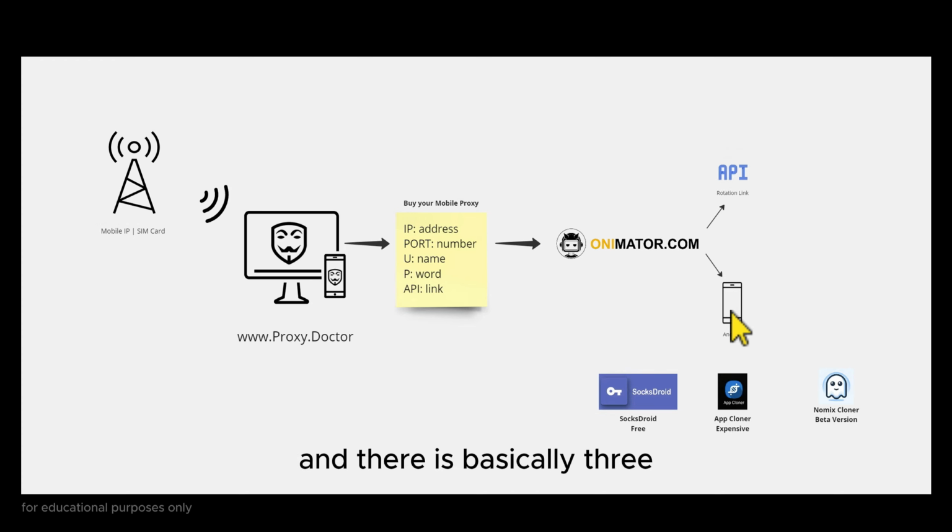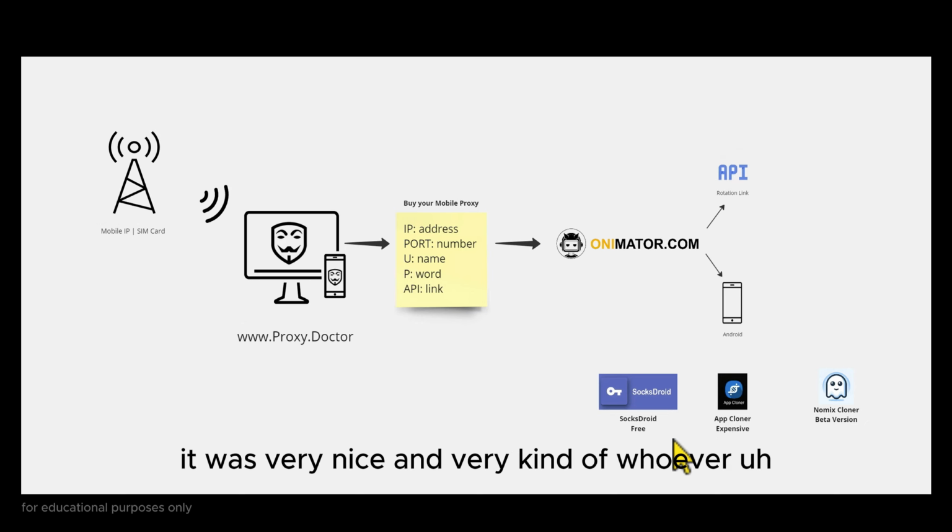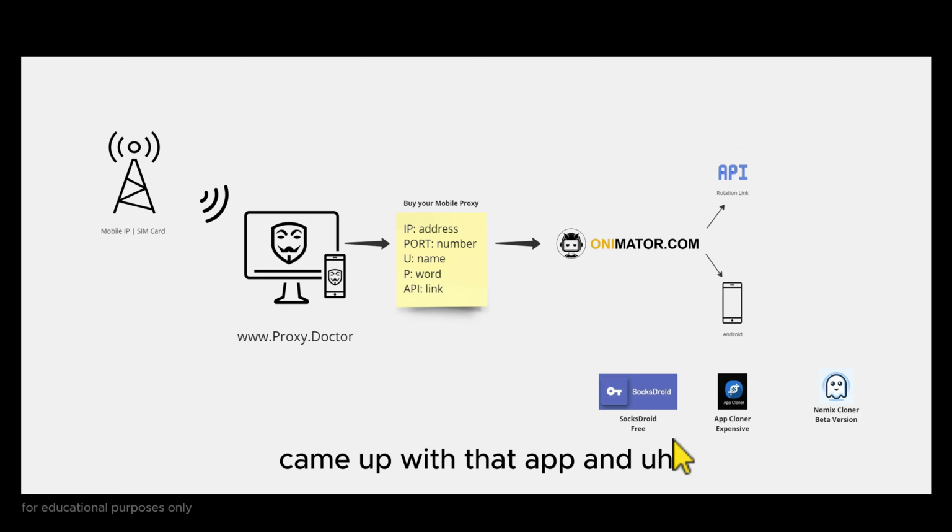There are basically 3 apps that can help you do that. One is called SocksDroid. It is a free app. It's an open source project. As far as we know, it was very kind of whoever came up with that app to give it to the internet for free. SocksDroid works very well.